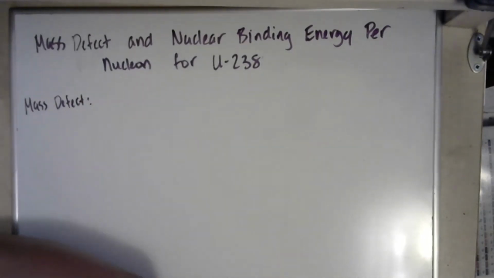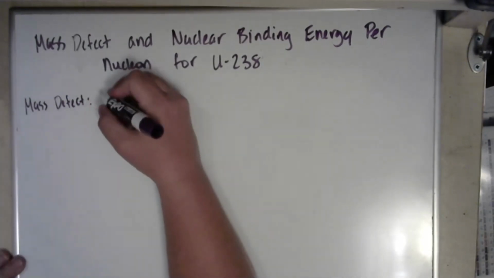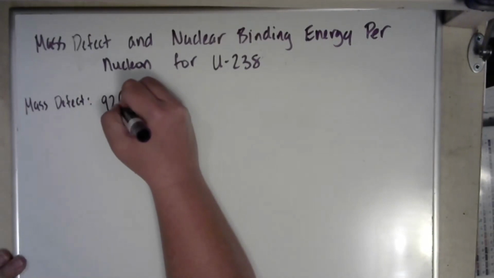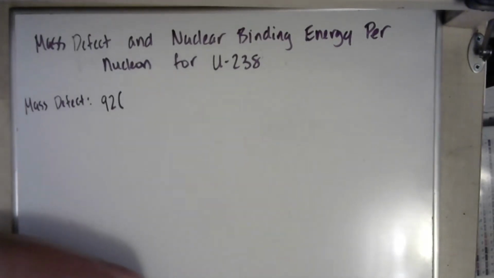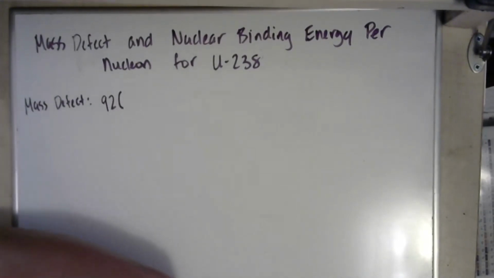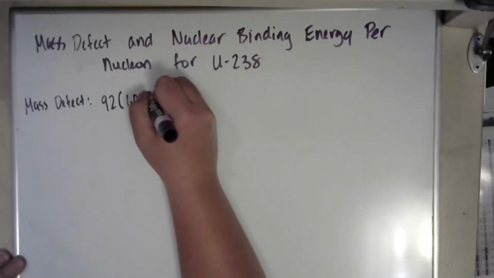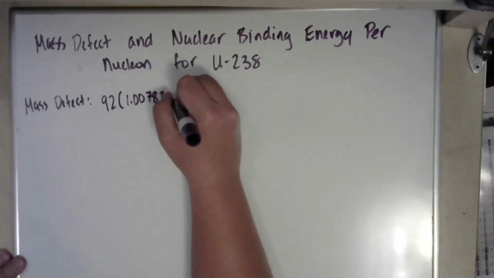So for the protons in uranium-238, look on the periodic table. You see that uranium's got 92 protons. So it's going to be 92 times the mass of a proton, 1.00783 AMU.